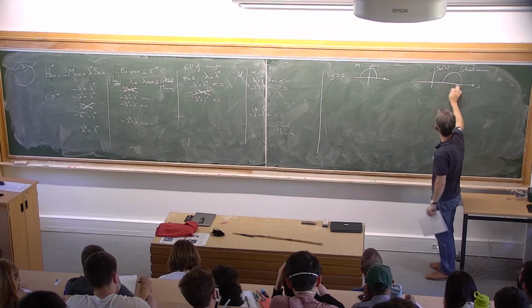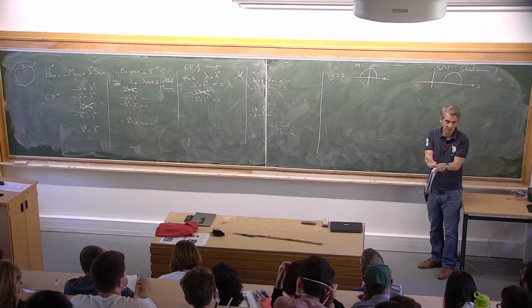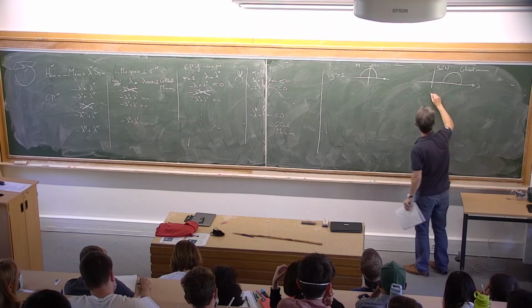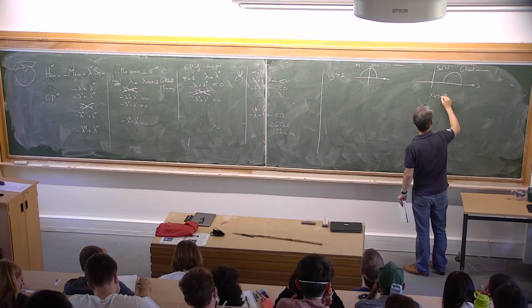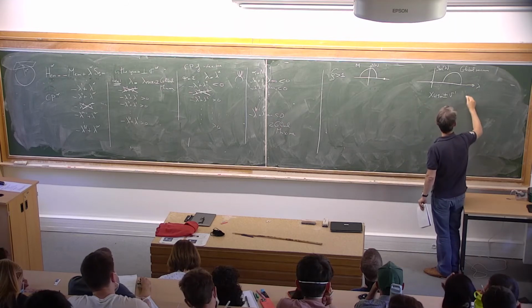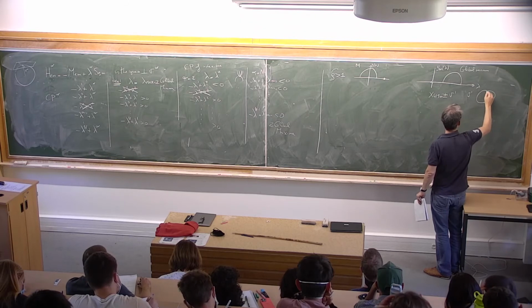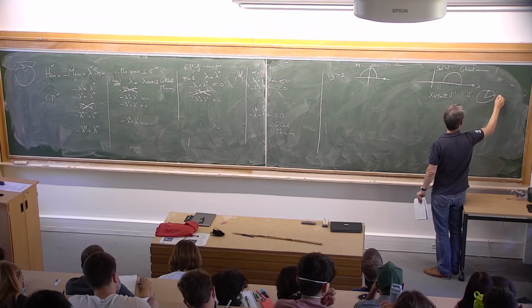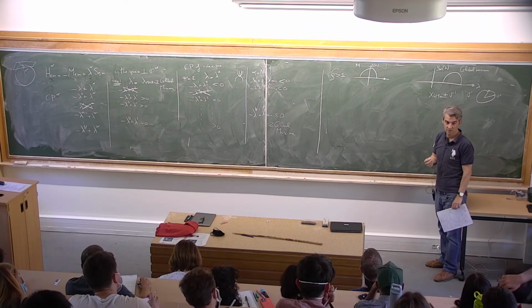So you have a well-defined minimum. In this case, the x which corresponds to the global minimum is plus or minus v1, and v1 is oriented in the direction v, because we are beyond the BBP transition.